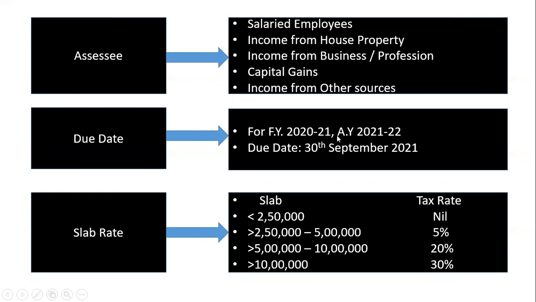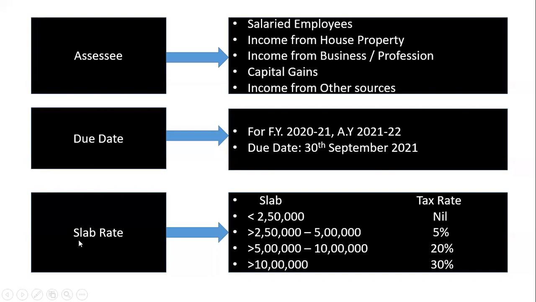Normally, the due date for individual salaried employees is 31st July. But this time, the government has extended the due date till 30th September 2021 due to COVID cases and the new income tax portal being launched. So the government has given the extension for the benefit of the assessees.